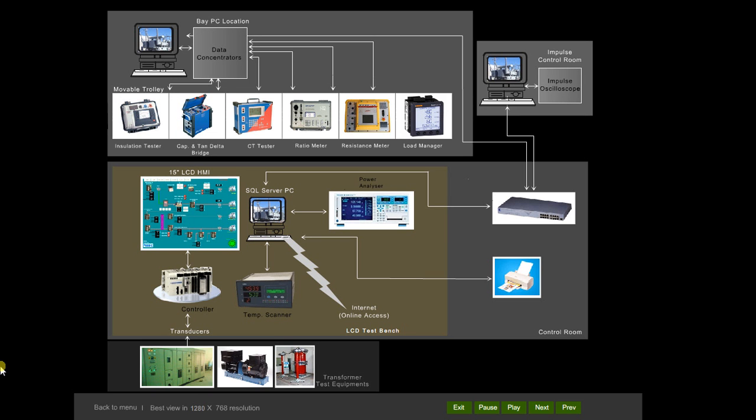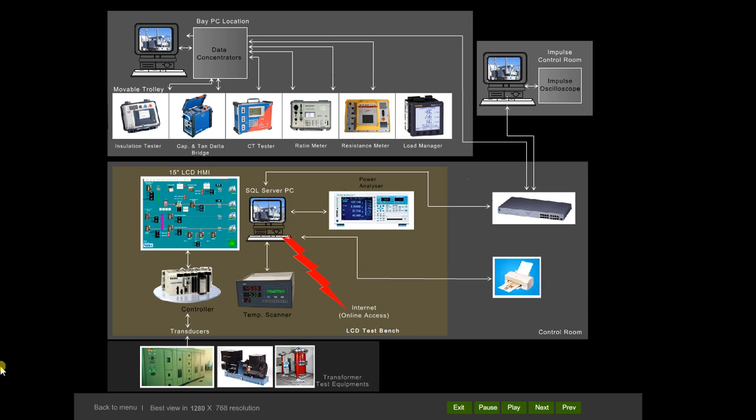ITTRS enables your customers a convenient and cost-saving option to view online test data over internet from their location. This ensures real-time customer participation in the entire testing process and simultaneously obviates the need to be present at site during testing.